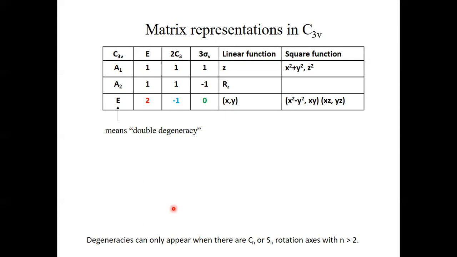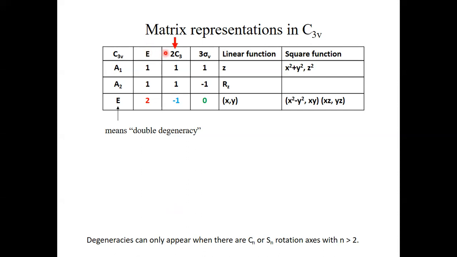So let us go to the character table of the point group C3v systematically, and let us see how we can understand the characters in that character table. All right, so we see here the column for the identity.